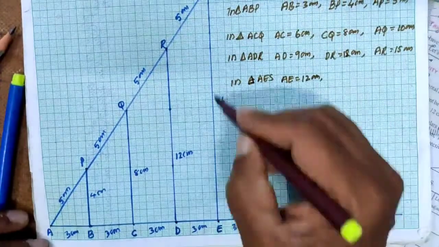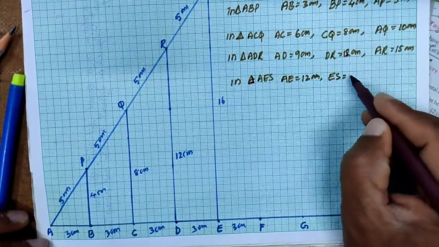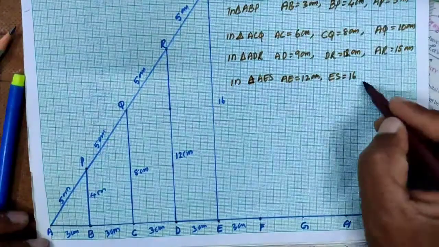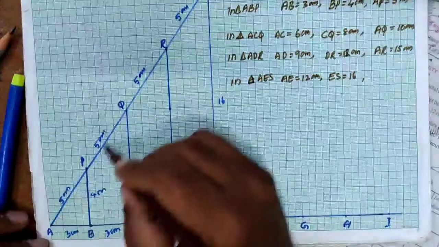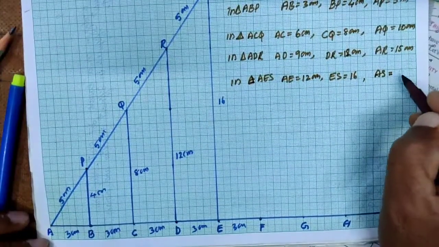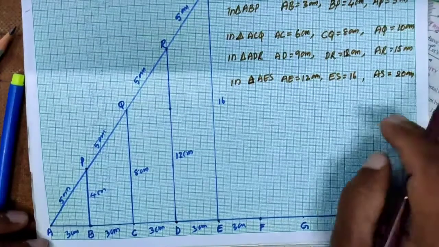ES is 16 centimeters, and last, AS is 20 centimeters.